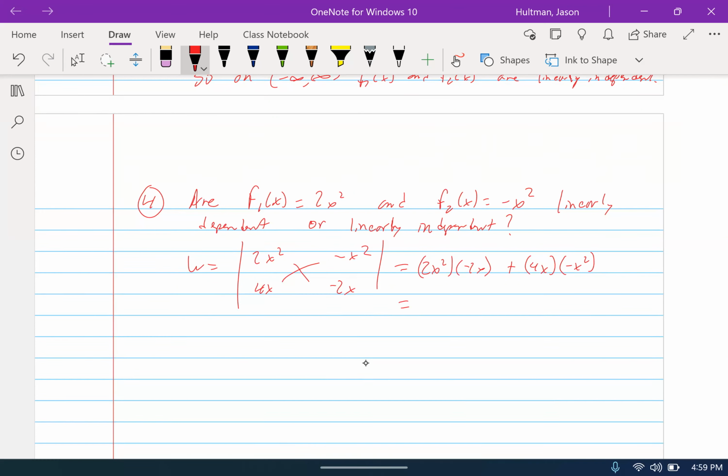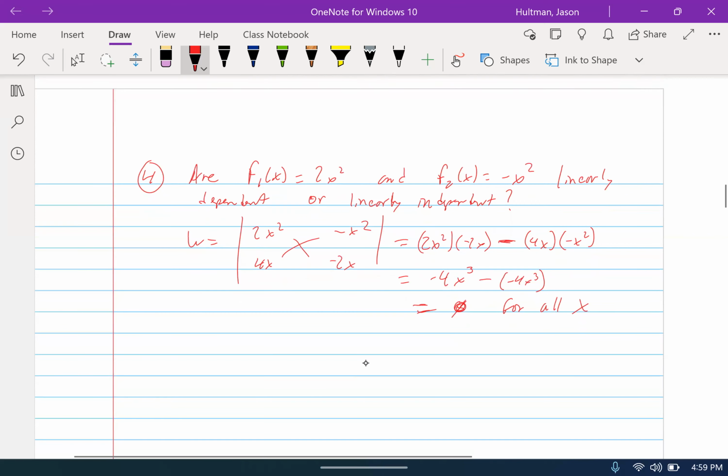Sorry, this is a minus, not a plus. That equals negative 4x cubed minus negative 4x cubed, which will be equal to 0 for all x. It doesn't matter what x was on that interval, the Wronskian is always going to be 0.